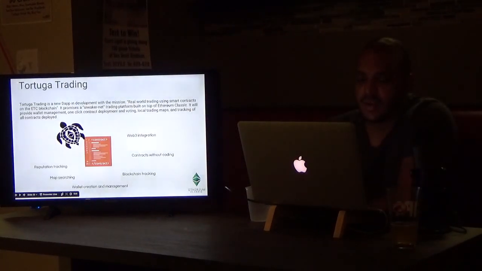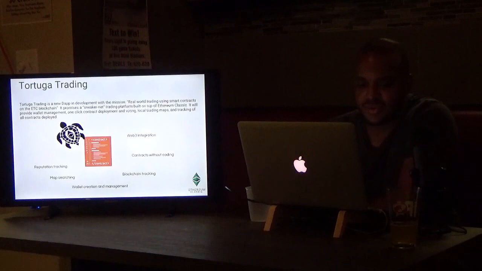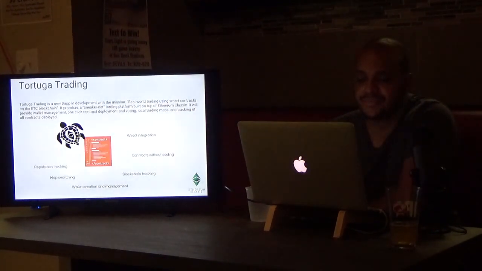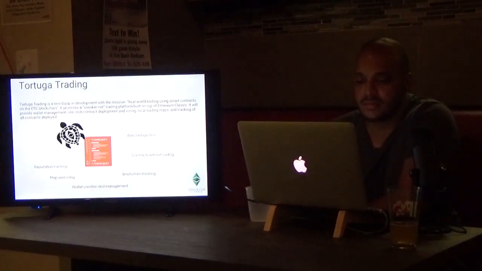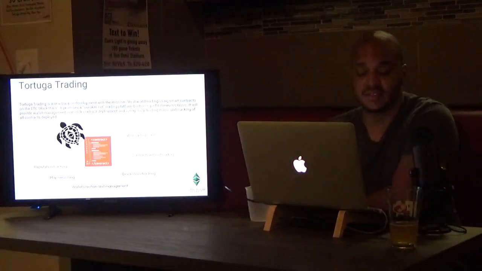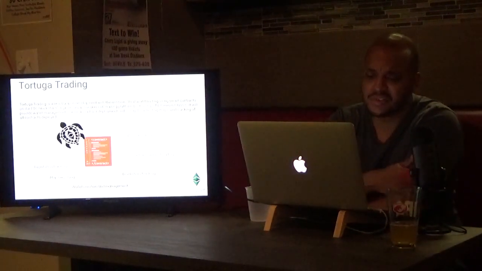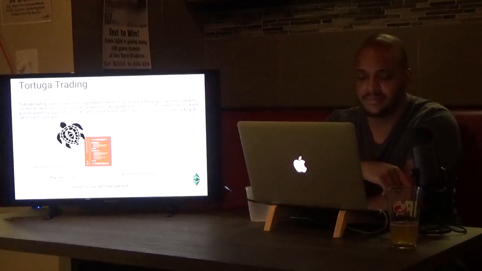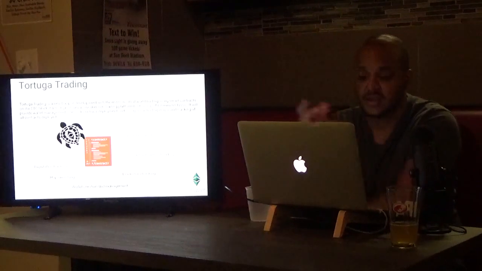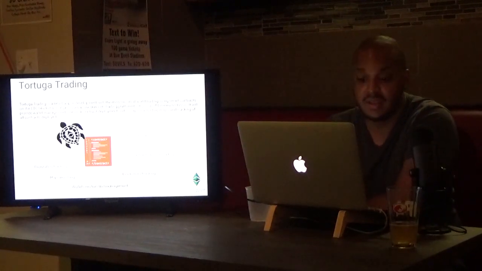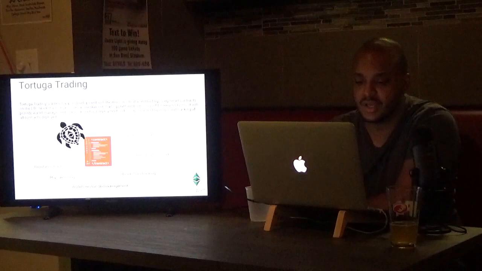This is one that was talked about a week or a couple weeks ago, but basically it's gotten off the ground. It's now rolling. It's called Tortuga Trading. The one sentence elevator pitch is basically that it's for the transfer and sale of any good or service, including Ethereum itself, person to person.